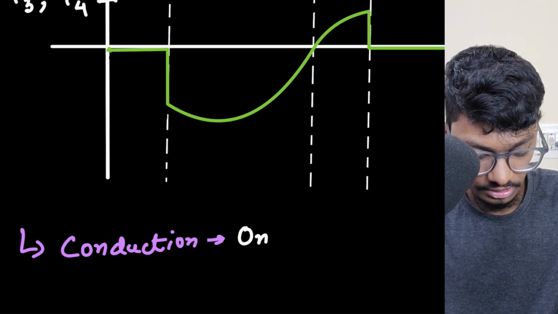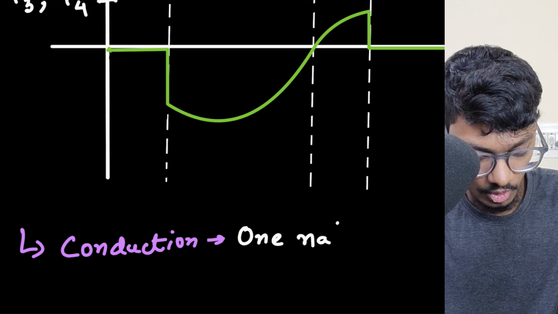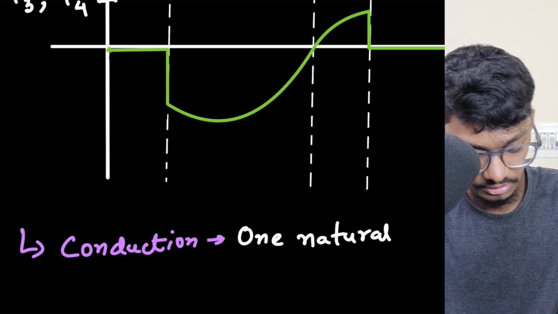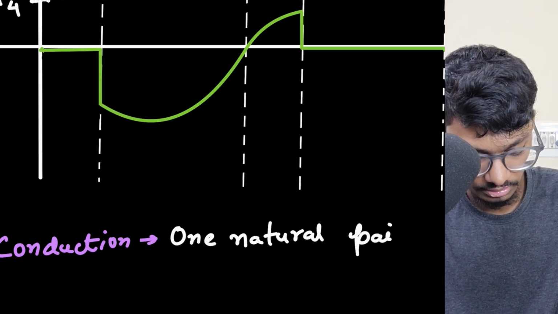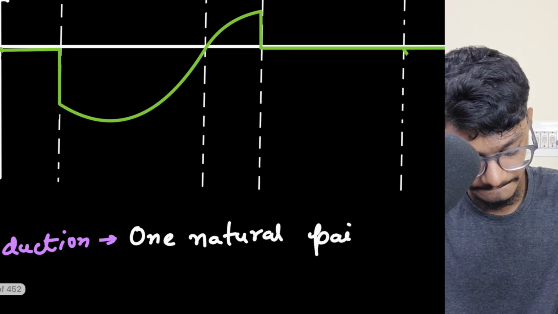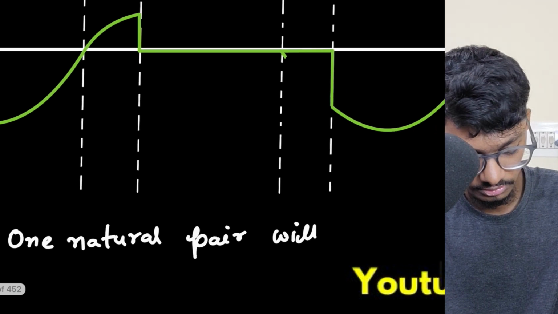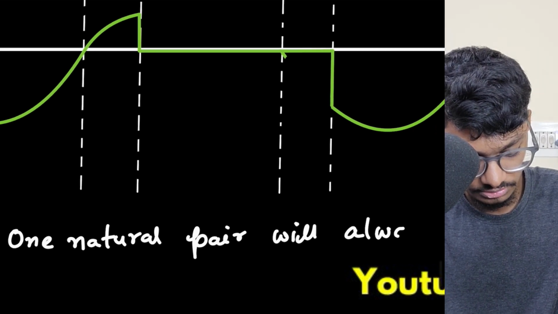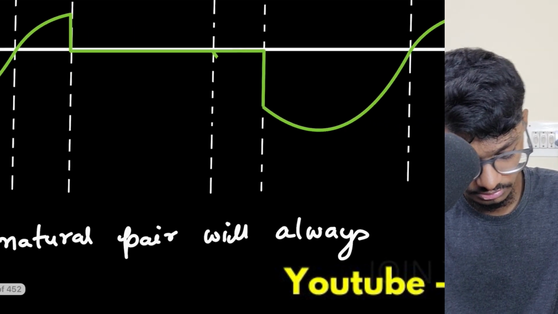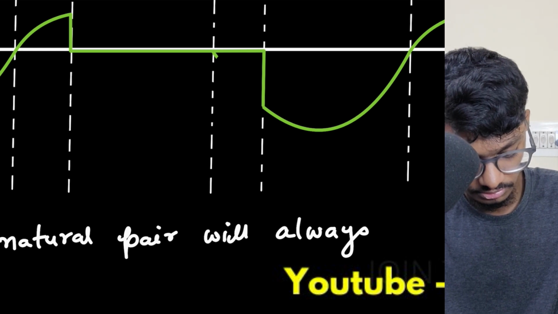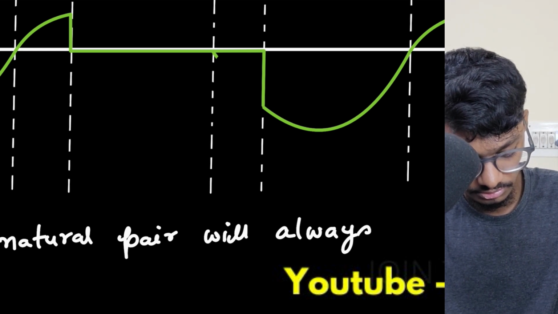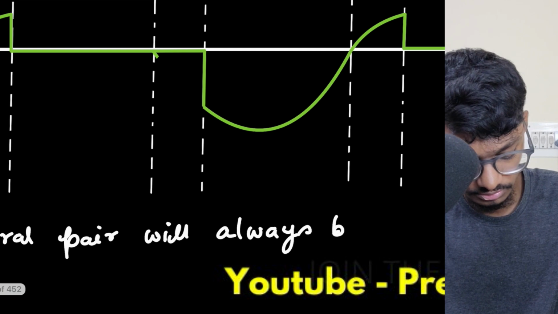Natural pair means T1, T2 or T3, T4. Natural pair will always be on.